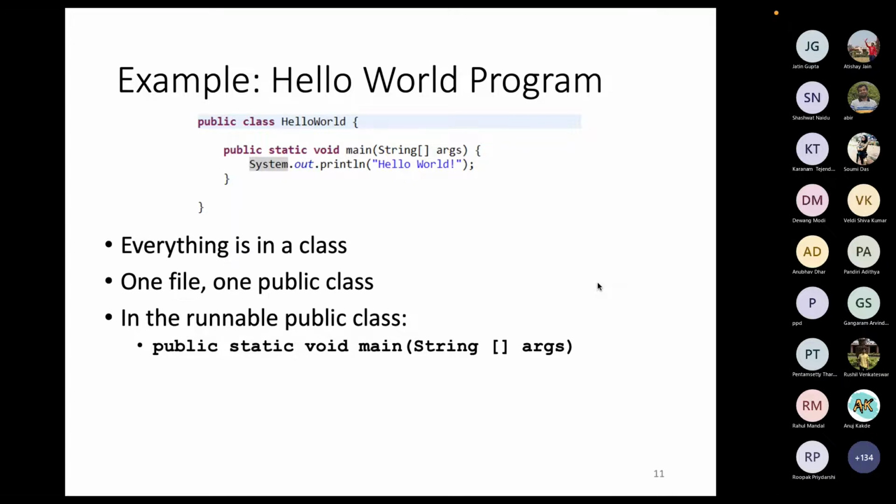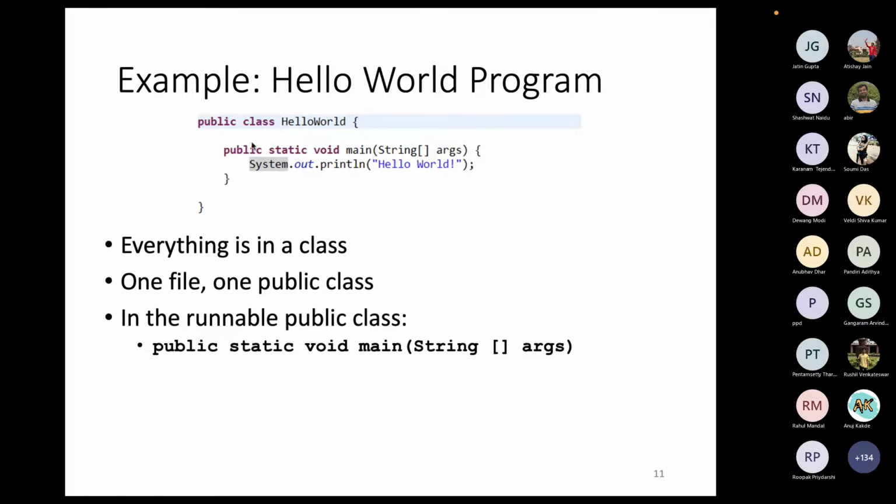There is either one class or a bunch of classes which constitute a Java program, which will be executed in a Java virtual machine. Now the starting point of each Java program is this main method. And there is a reason why it is public static void main.